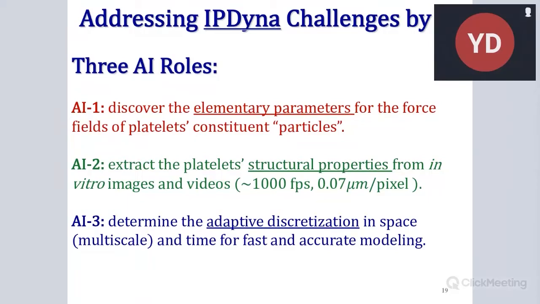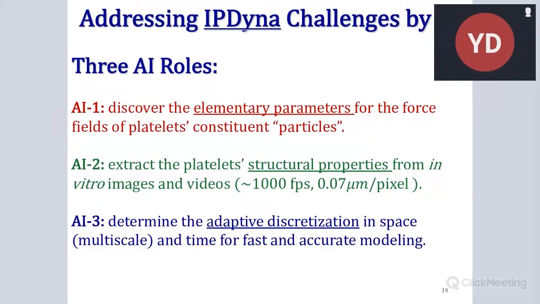The second one is extracting the structural properties from virtual experiment results and from video. We actually collected platelets that our graduate students donated, and we use those. And of course, we have to go through all sorts of procedures to be able to use them.